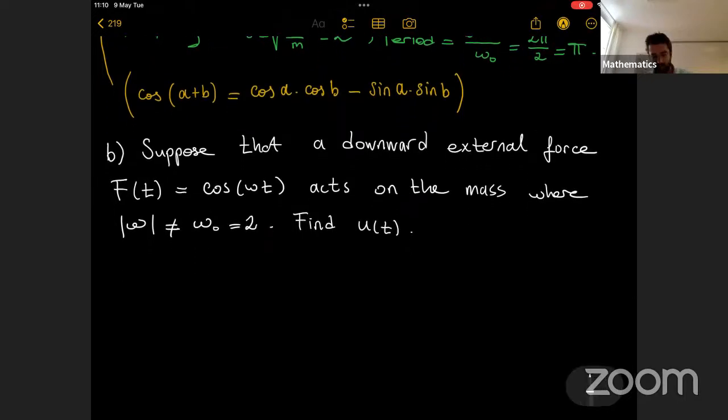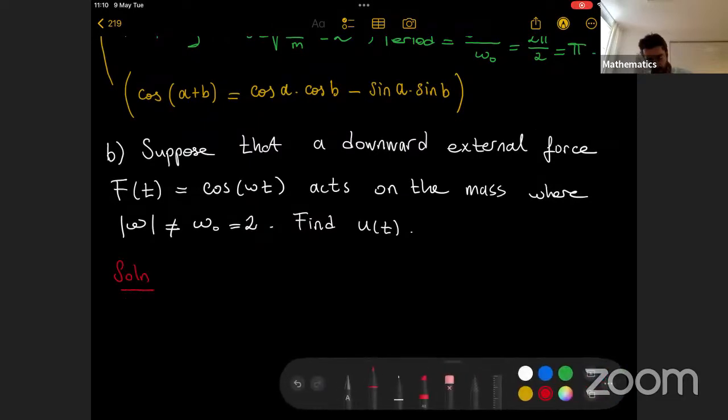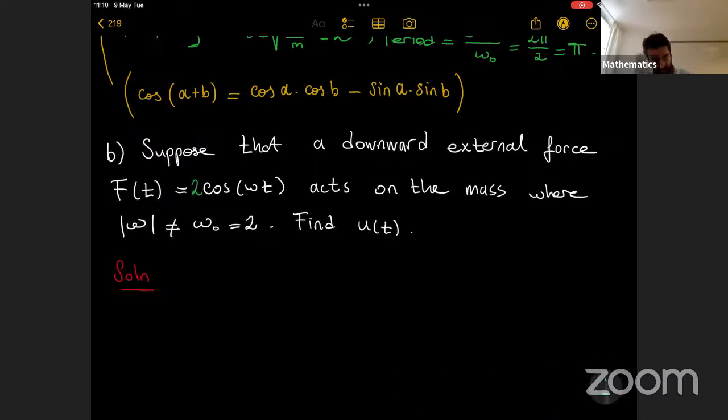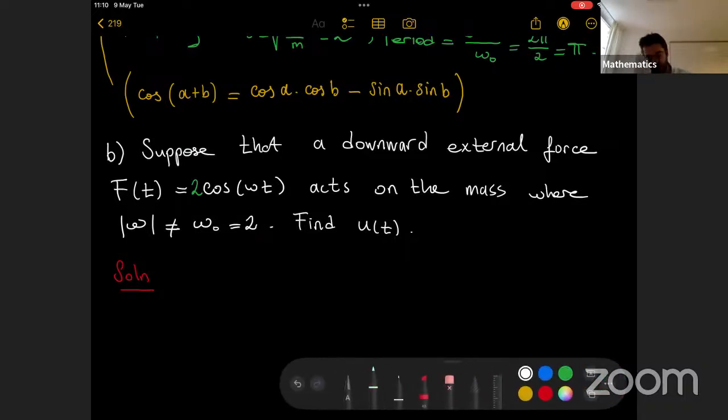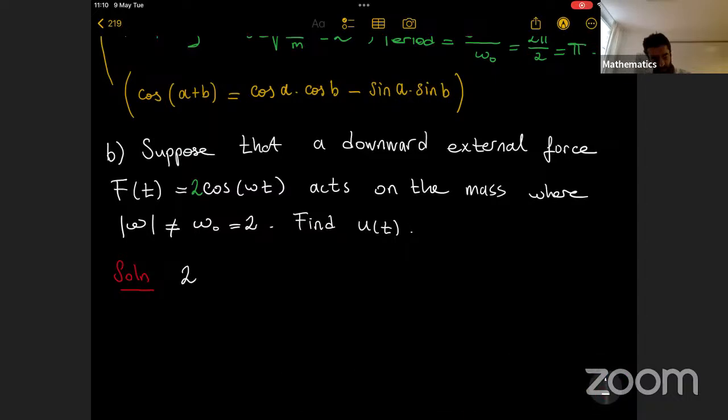So let's do it. Well, in that case, the equation becomes the following. Maybe just to simplify this, let's put here 2, okay? It's going to be easier to work with. 2 times cosine Wt. So we will have, remember the mass is 2, 2u double prime plus the spring constant 8u is equal to 2 times cosine Wt, okay?